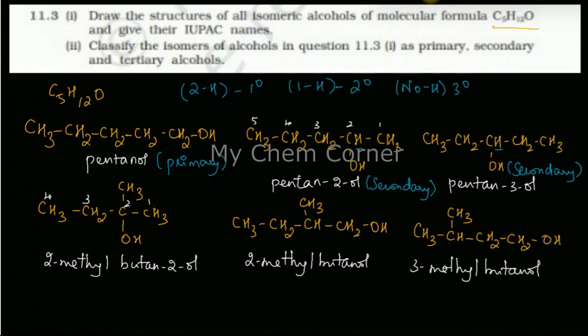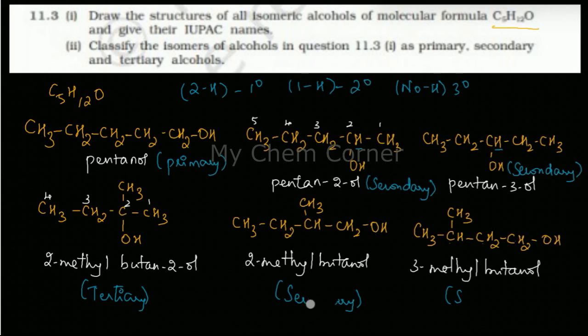Next one. Carbon is bonded to an OH which contains no hydrogens. So this is a tertiary alcohol. Then carbon is bonded to an OH group which has 2 hydrogens.